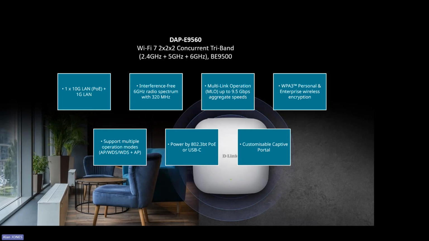This is going to ship with 10 gigabit PoE ports, and that will help customers open up the lanes of traffic and allow you to achieve the maximum speed that's available. It's going to ship with WPA3 encryption, the latest security standard, to help keep your wireless network secure.